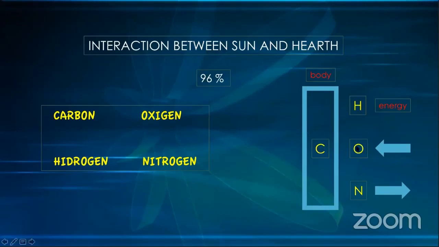The oxygen is the one who brings elements inside the body; it is in control of the elements that come to the body. The nitrogen is in control of what has to be eliminated by the body. And the hydrogen brings the energy to the body. So that's the importance of these elements.